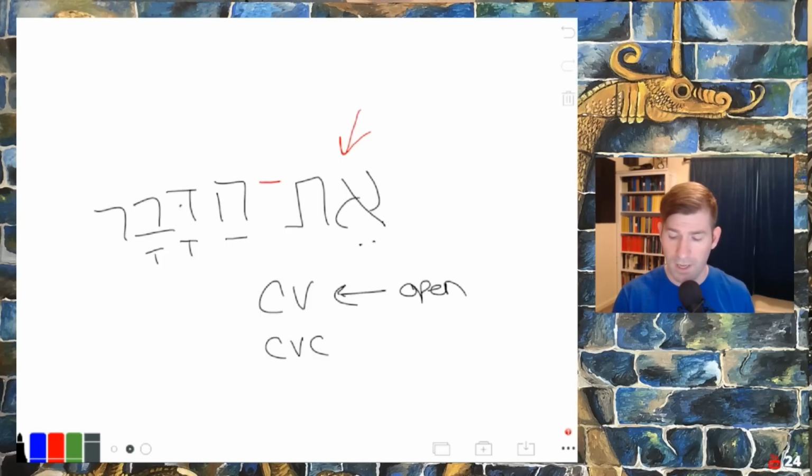You can see why, because there's no consonant closing it. This is called a closed syllable because the vowel is encased, closed in. The open syllable is not closed in, so they call it an open syllable.